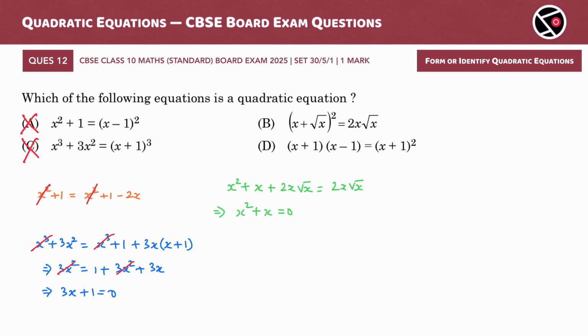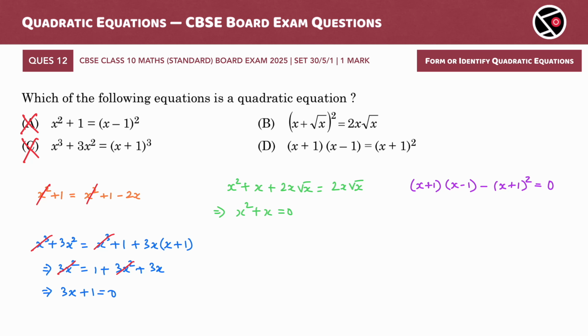Option D. How do we approach this? Should we divide both sides by x plus 1? No, we shouldn't. If x happens to be minus 1, x plus 1 equals 0. We never divide by 0. This is how we should proceed. We bring the term on the right hand side to the left hand side. x plus 1, x minus 1 minus x plus 1 whole square equals 0.